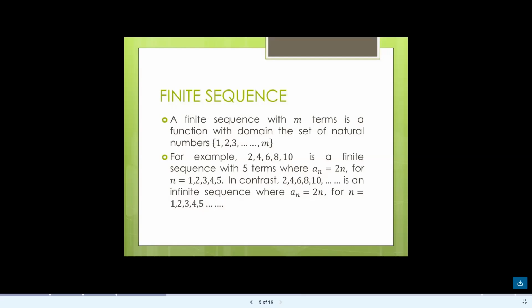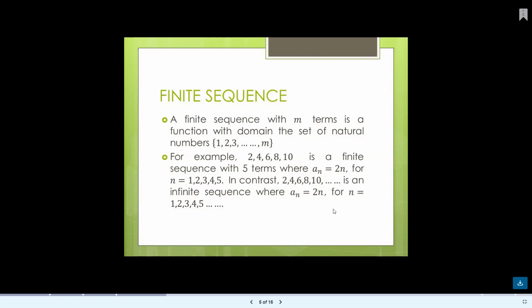Maybe you want 1, 2, 3, 4, and m, maybe it's 10, 1 to 10, and that's it. So look at another example. You want the sequence 2, 4, 6, 8, 10. So the general term seems to be 2n here, right? But you're saying that n are the values 1 to 5, right?